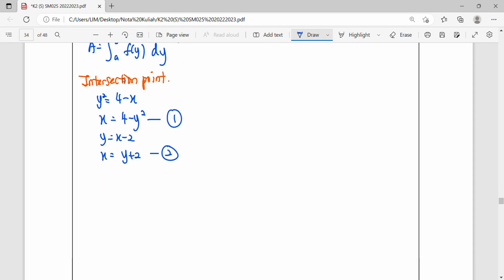So substitute 1 into 2. So a quadratic here, simplify.